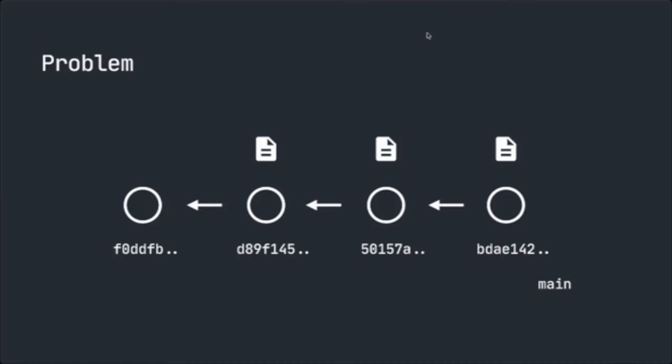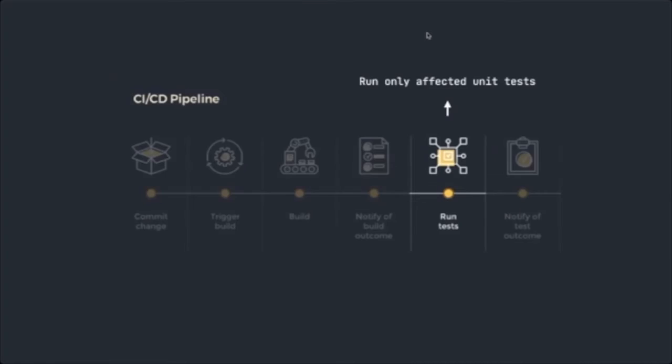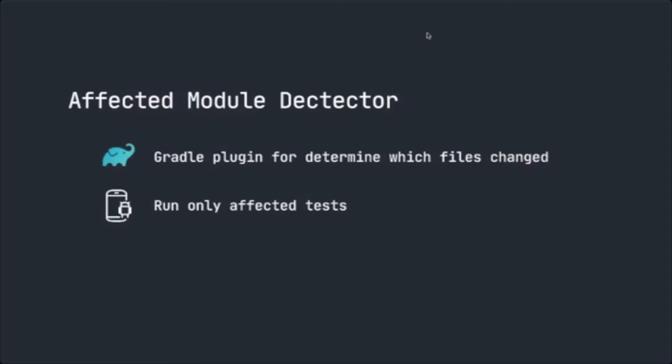I only want to run those. As part of your CI pipeline, you could use a tool called Affected Module Detector by Dropbox. Dropbox has really great Gradle plugins, such as Focus, and they just released Dependency Guard. Affected Module Detector figures out, based on your commit, what was changed. One use case is to run only the unit tests that were affected.